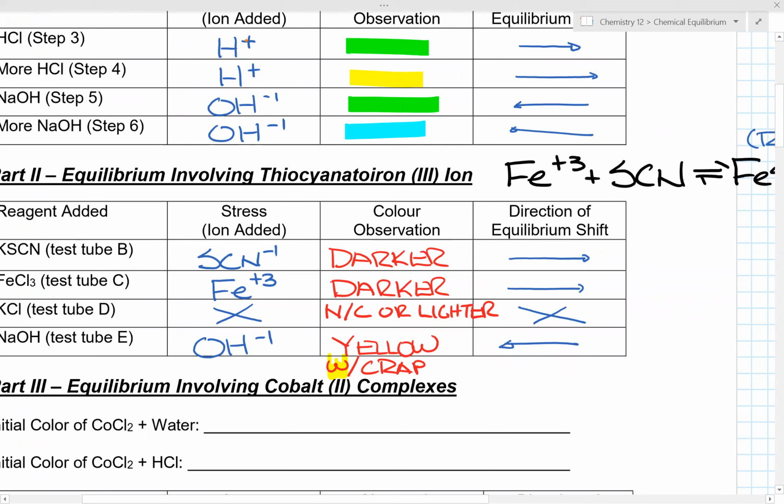So if the OH minus 1 reacts with the iron, the concentration of iron goes down. And which direction will the equilibrium shift towards? It will shift towards the side of the reactant. Okay. This is your lab where you actually have real life data.